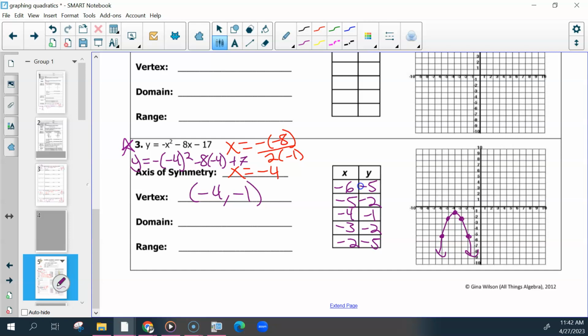So it should look something like that. If you wanted to draw in your axis of symmetry, you could.